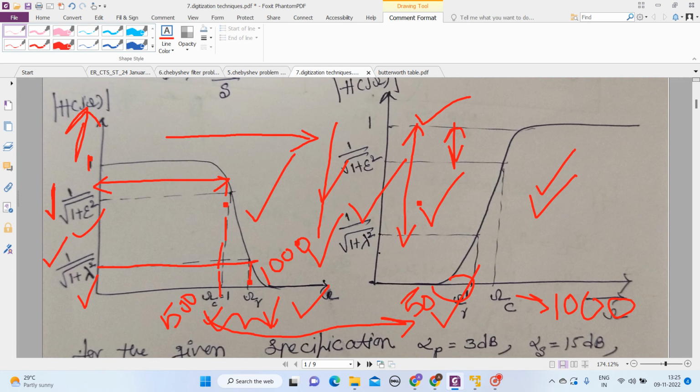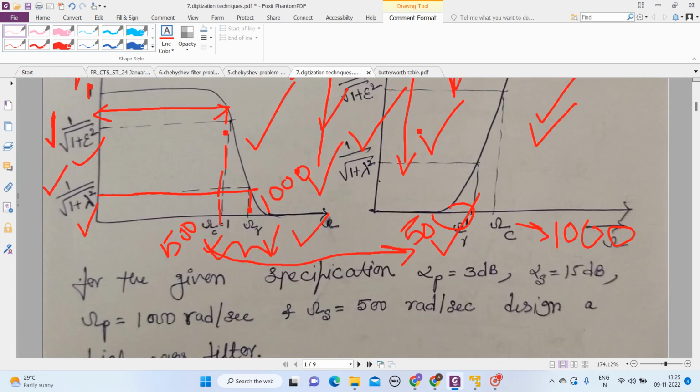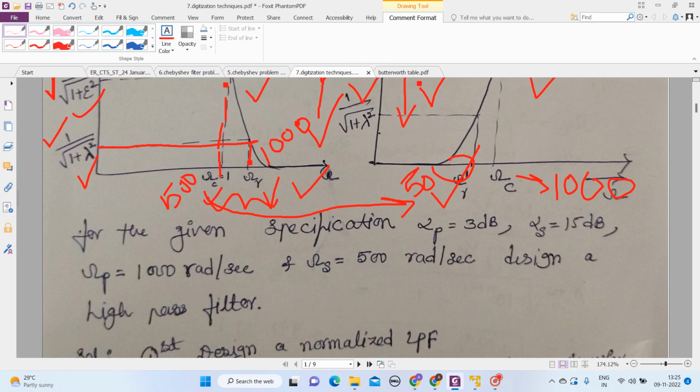We will discuss one problem based on this. For the given specification, pass band attenuation is 3 decibel, stop band attenuation is 15 decibel.